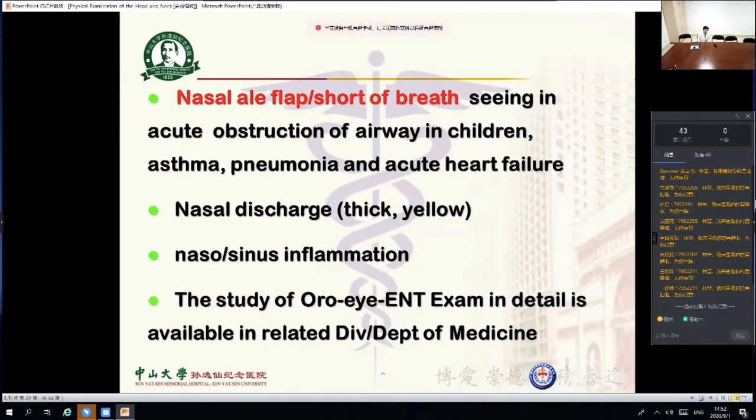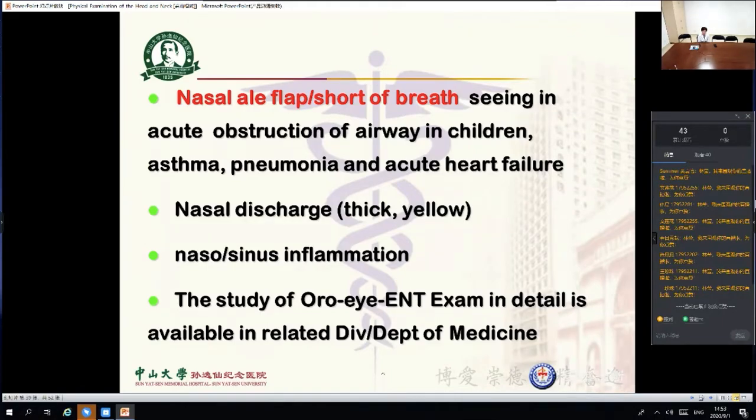And other signs from the face include the nasal alar flap, which means shortness of breath, seen in acute obstruction of the airway in children, in asthma patients, and also the pneumonia and acute heart failure. 鼻翼扇动, nasal alar flap, and also shortness of breath.